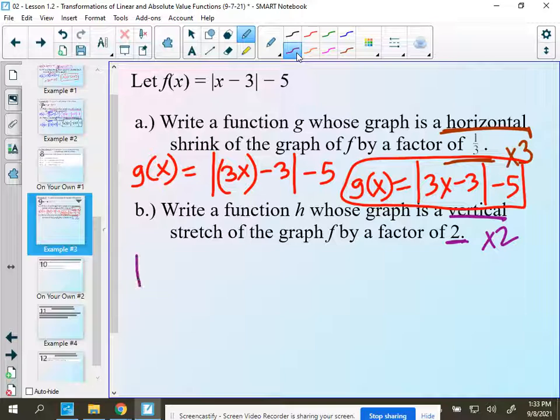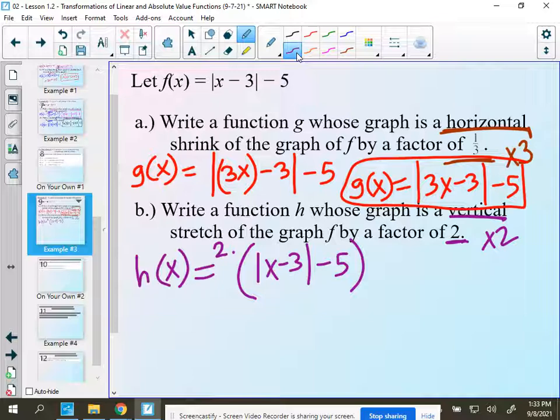Let's see, h of x, this is my new one, is going to be, and I'm going to do this in 2 steps because I think it needs it. The whole function, x minus 3 minus 5, that whole function needs to get multiplied by, what do we say, by 2.